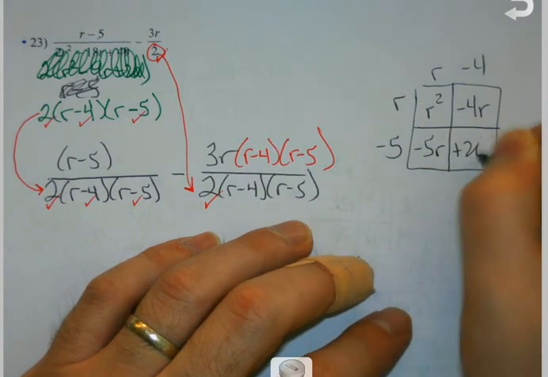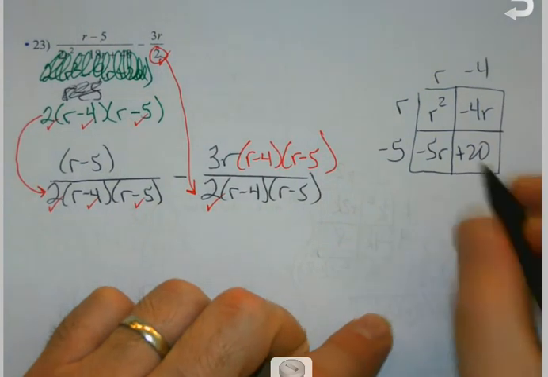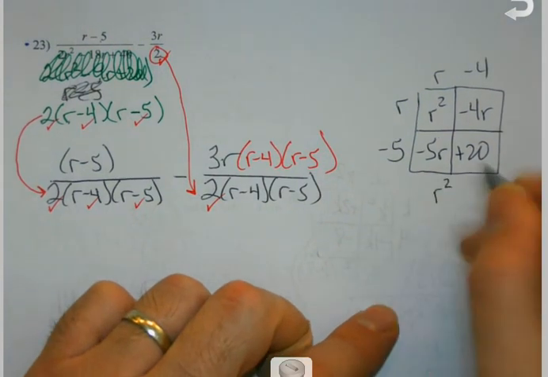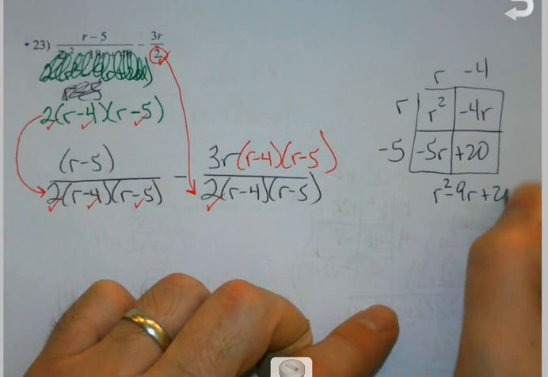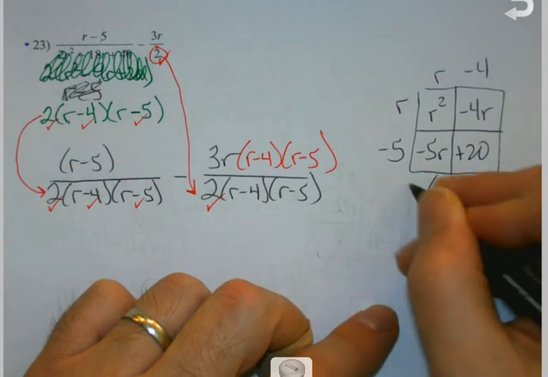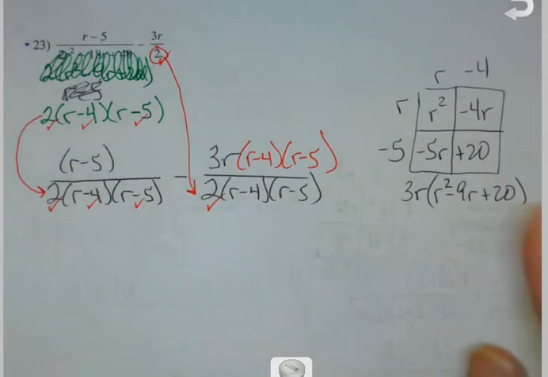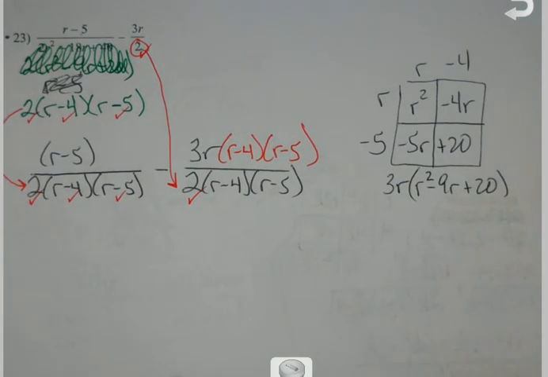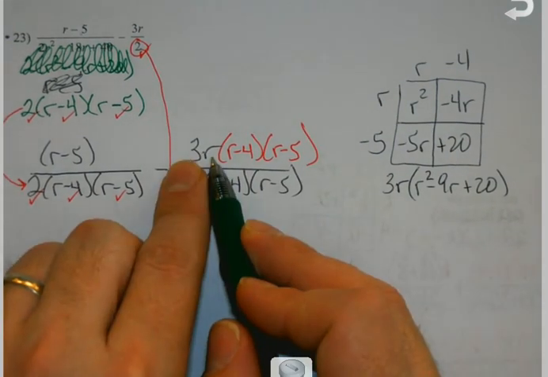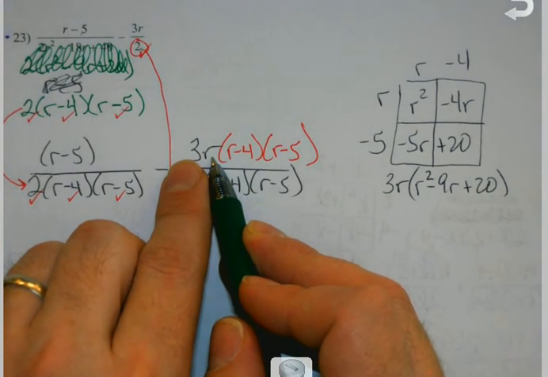So, all right, let's see what we got working here. Once I get that boxed or foiled out, remember, I still got this 3r in front that I have to deal with.